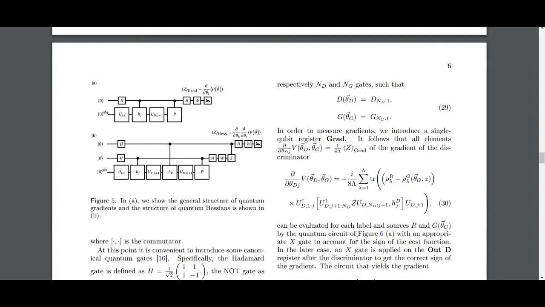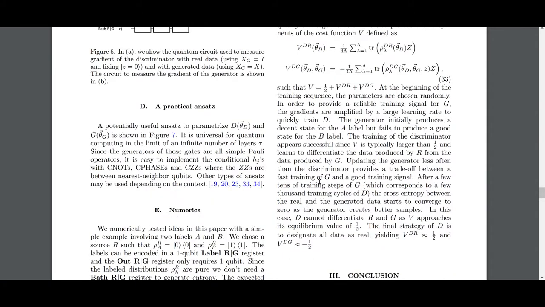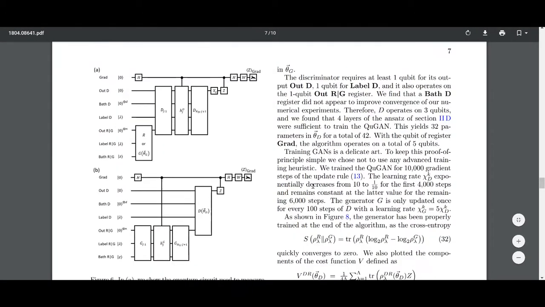Okay, let me take a look at this in more detail. So it follows that all elements can be evaluated for each label and sources R and G by the quantum circuit in figure 6. Yeah, let's see, that's here exactly.